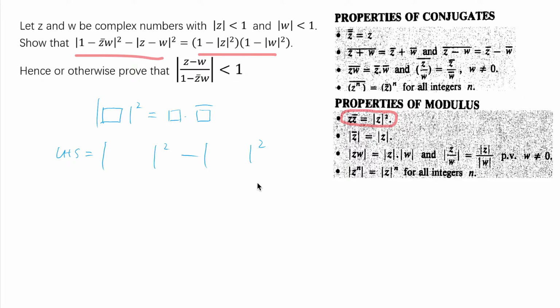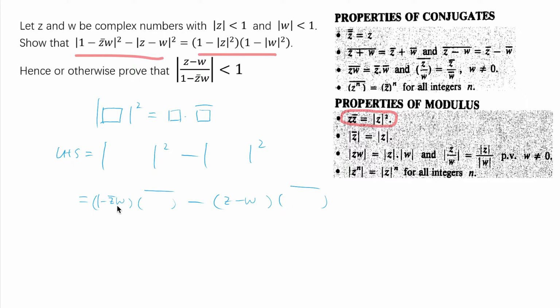Okay, this is a big structure. We don't need to worry about what's inside first. So anything modulus squared is going to be itself multiplied by its conjugate, also minus itself multiplied by its conjugate. So just copy down itself first. So this is 1 minus z conjugate w, and this is z minus w.